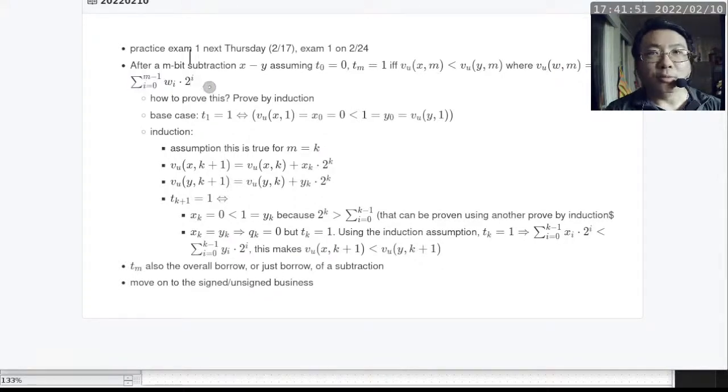So all we do is we look at each digit, from digit 0 up to digit m minus 1, and each term in the summation is just WI, which is the bit position I of W, times 2 to the power of I. So this is nothing new. I'm just using this kind of obscure notation so that I can separate the representation, which is just a bunch of bits, from the value the digits are representing.